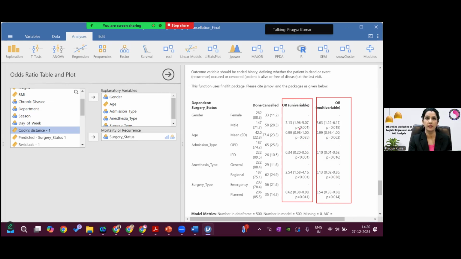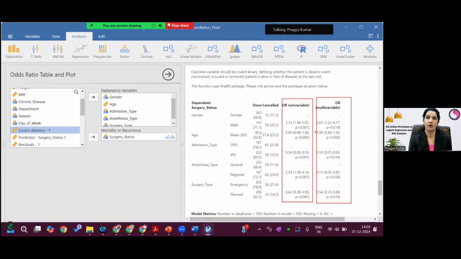Initially only age and admission type were significant, and that's why you took these in the final model. Since I have removed two of the variables, what you can do is include those variables also and show that since in unadjusted the p-value was not significant, that's why you did not take them.